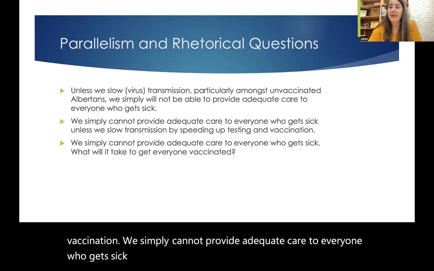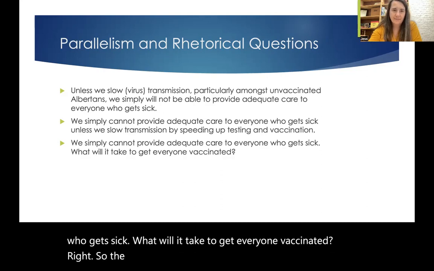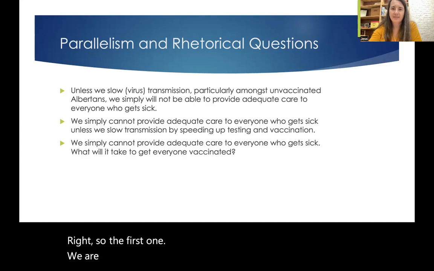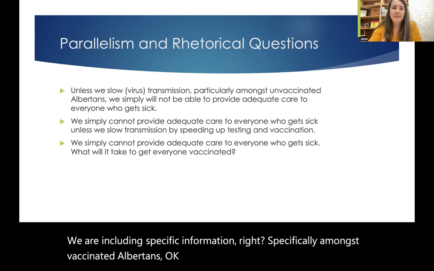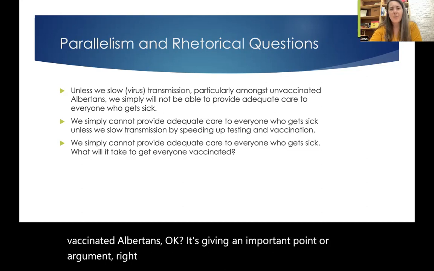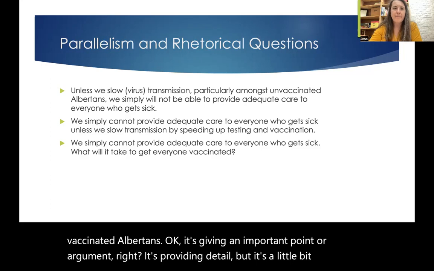What will it take to get everyone vaccinated? Right. So the first one, we are including specific information, right? Specifically amongst vaccinated Albertans. Okay. It's giving an important point or argument, right? It's providing detail, but it's a little bit clunky, right?